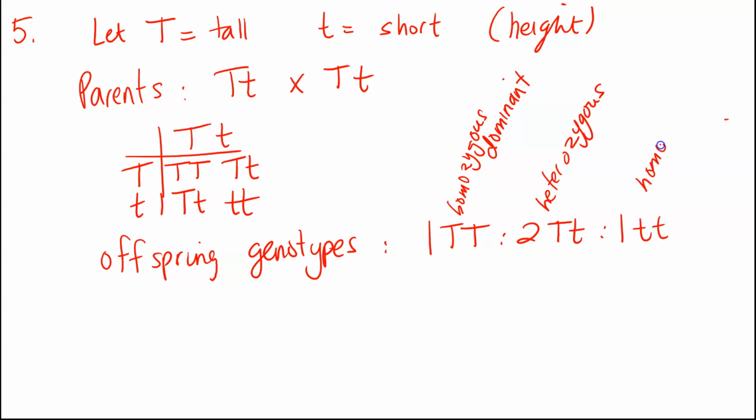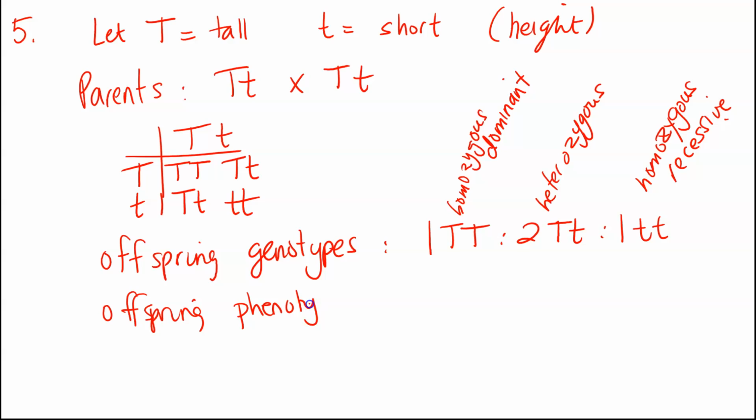And this is, again, two alleles are the same, but they're homozygous recessive, lowercase alleles, okay? And then the offspring phenotype would be 3 tall to 1 short.